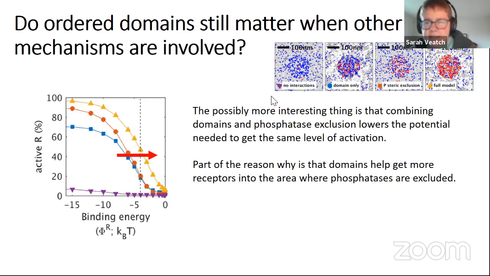One reason you get this enhancement in sensitivity is because domains help bring other receptors into this circle, even when the potential is smaller. So it enhances the avidity of the interaction, I think is the right word in chemistry.